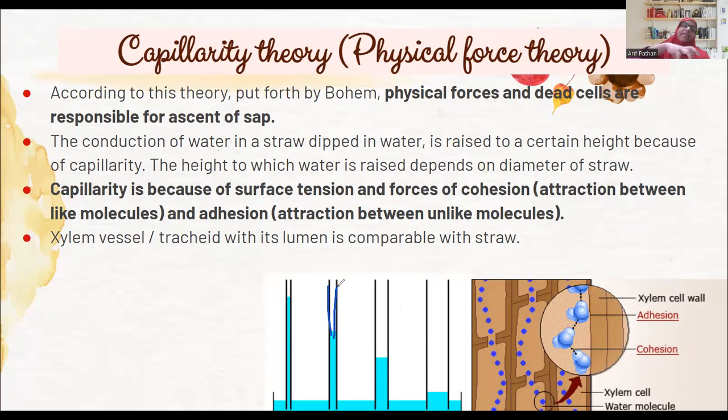The smaller the diameter, the more they will pull up water, and there is a force of attraction between the water molecules, and also adhesion between the water molecules and the surface of the cell walls of the xylem vessel. This is what capillary theory tells us.